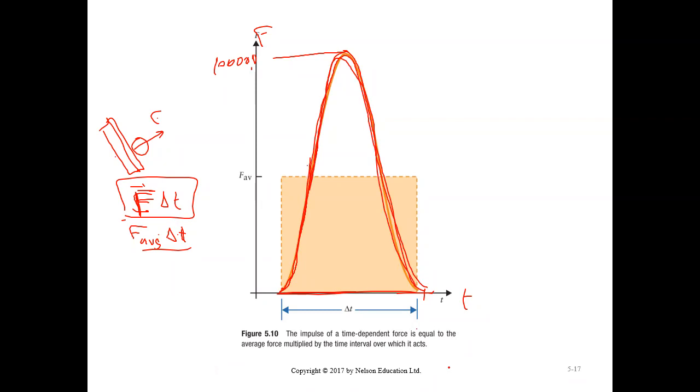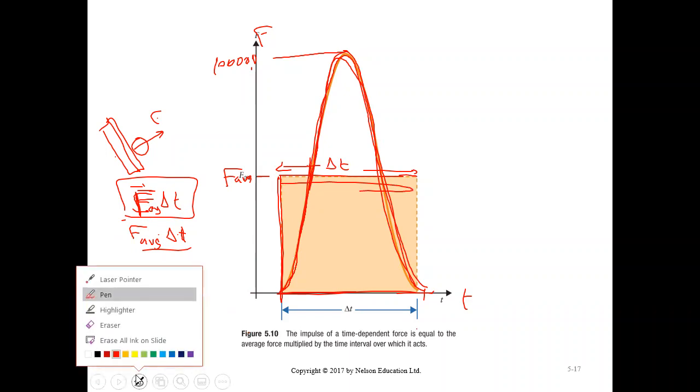So to solve this problem, if you write F times delta t, I assume I can replace this varying force by just an average force. So the impulse equals the average force times delta t. This is the average force, and this is delta t, the duration. It is simply this area. Let me use a different color for this.